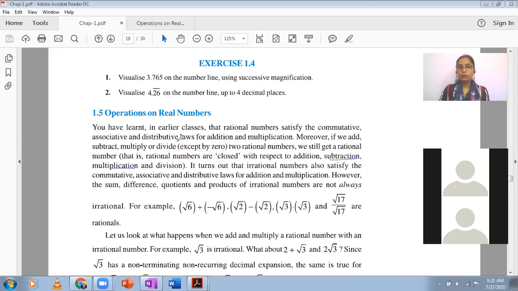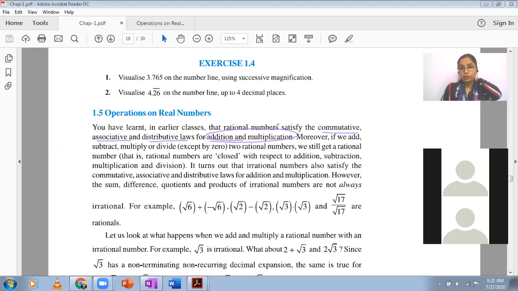Other than that, if we look at the properties that you discussed, commutative, associative, and distributive. So commutative property and associative property of rational numbers hold under addition and multiplication. In subtraction and division, it's not true. You cannot change the order in those two operations. You cannot group in any way if you are dealing with subtraction and division.